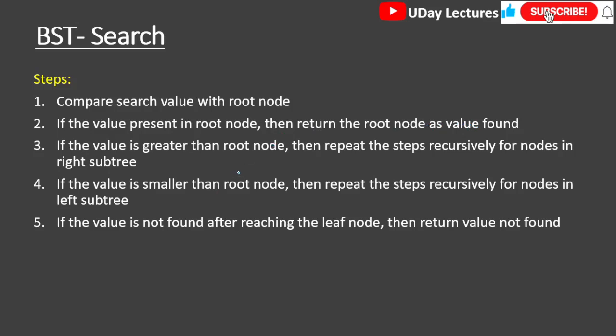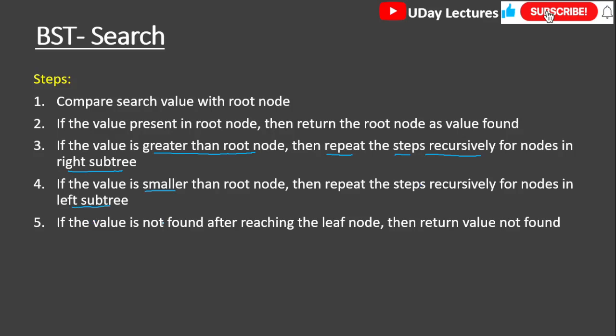So we will go to the right subtree when the value is greater than the root node. And what we do there, we repeat the steps recursively for nodes in the right subtree. And in case the value is smaller, then we will search for the value recursively in the left subtree. It is similar to the insertion operation.